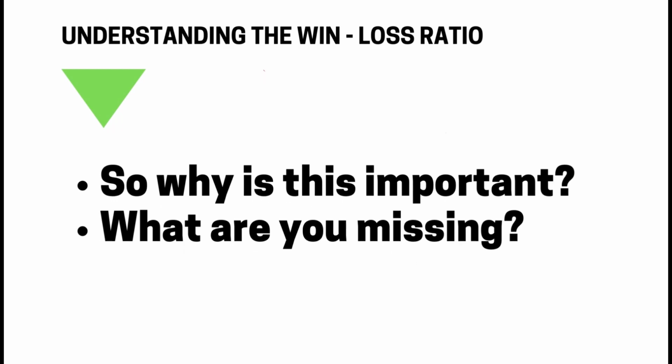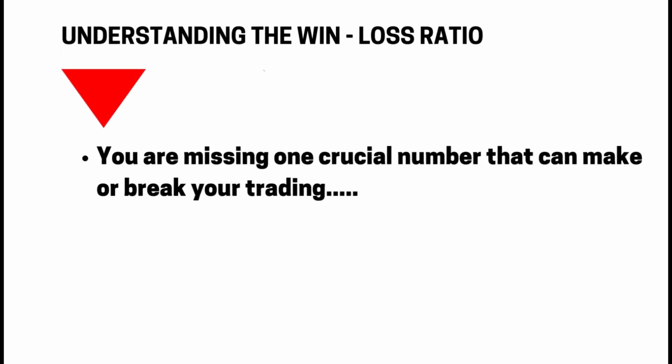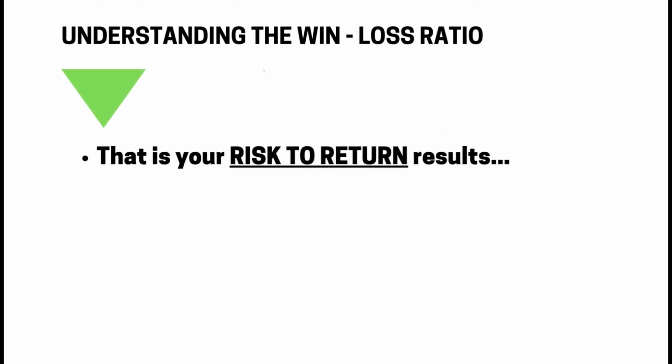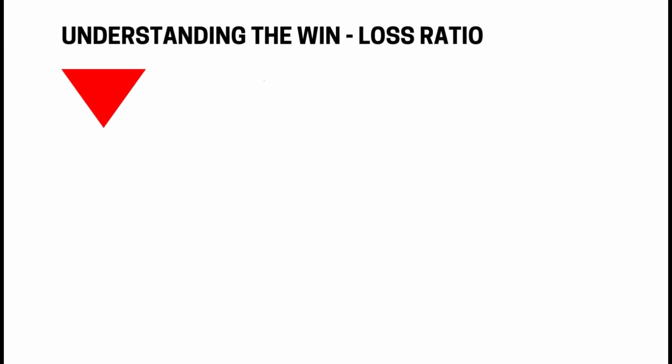Why is this important? You're missing one crucial statistic, one number that can make or break your trading. It's all based around that previous example of the win percentage, but it's taking a different angle, and that is the risk to return result, statistic, ratio, however you like to call it.